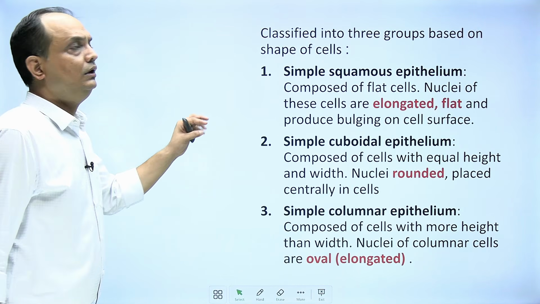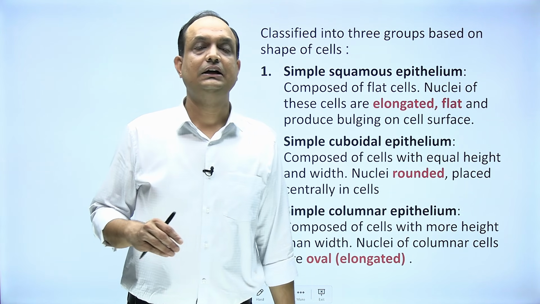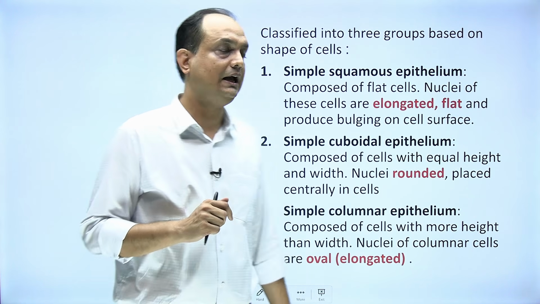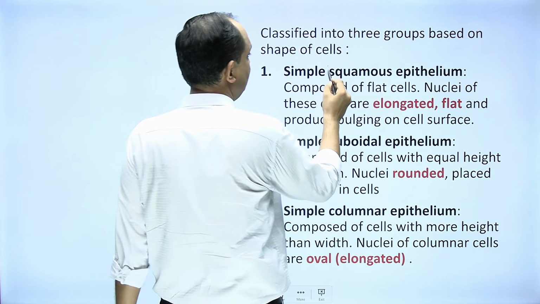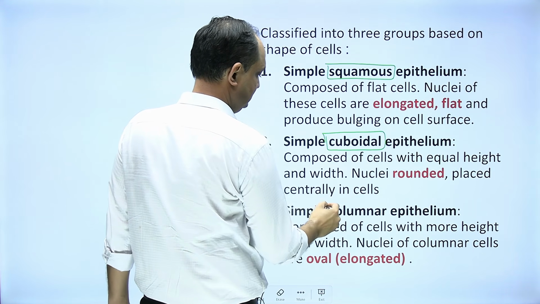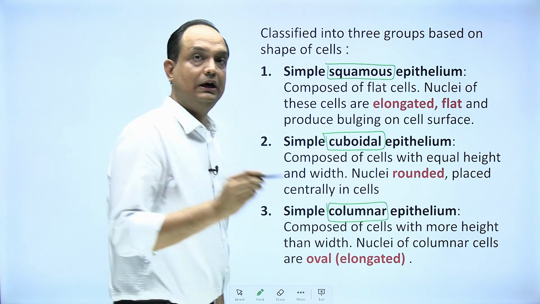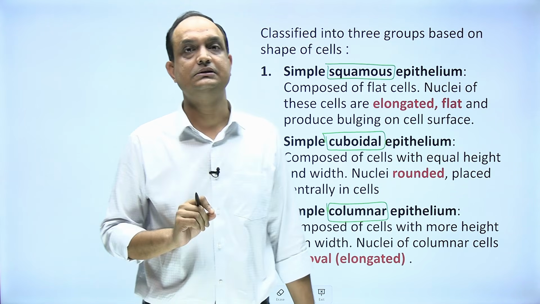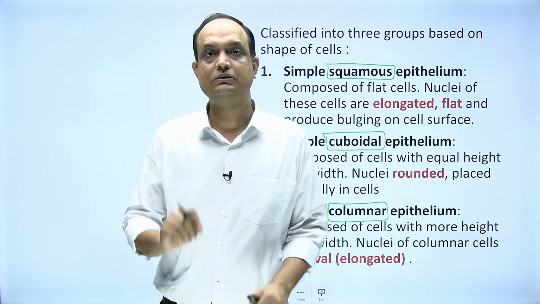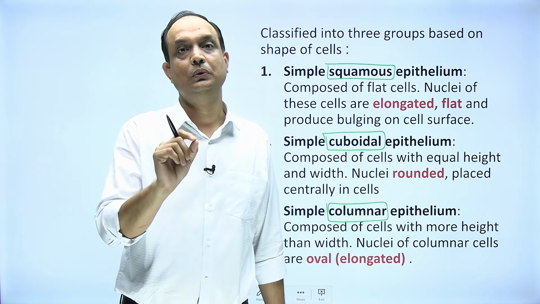Now, how will you classify on the basis of the shape of the cell? We have classified it into three types. One is known as squamous, then cuboidal, and columnar. Again the question is, how do you differentiate these three epithelia? The only answer is on the basis of the nuclei.